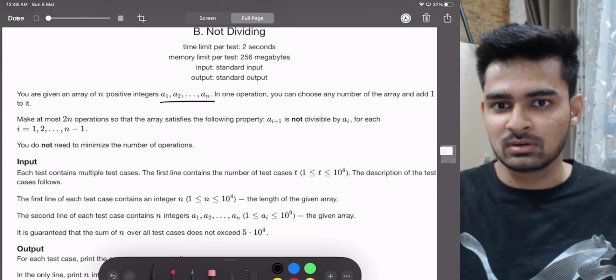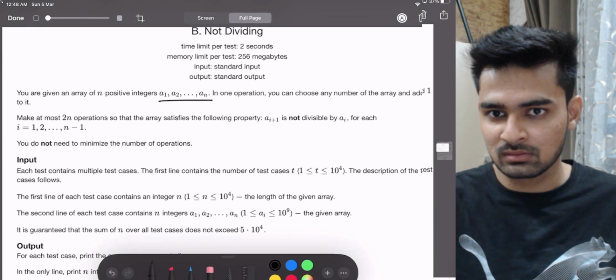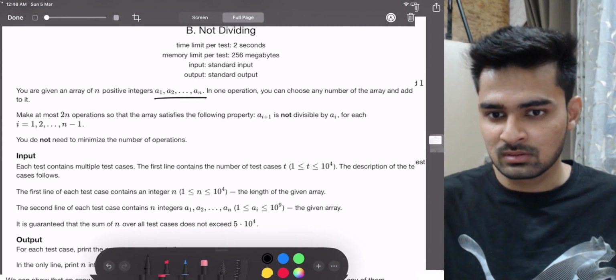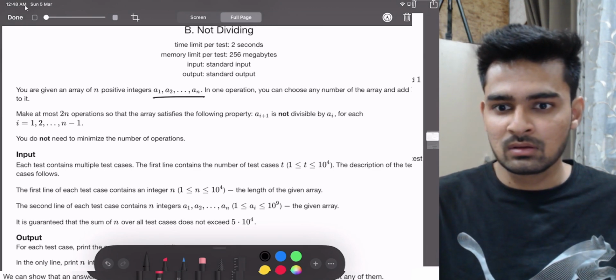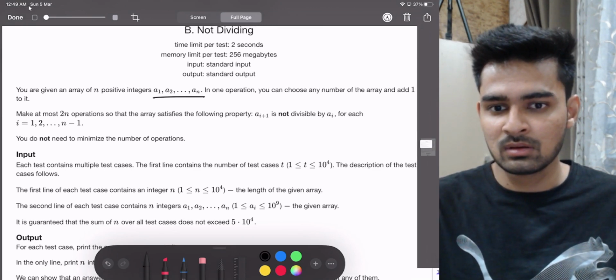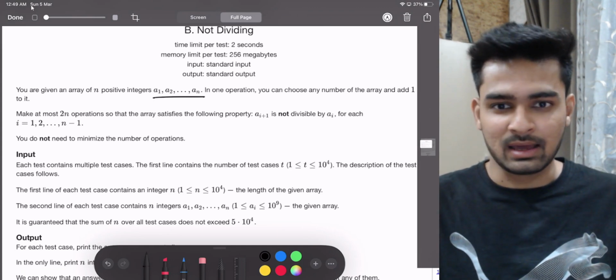I shouldn't have done this right now, but anyways, just give me 1 second. All right, so now I think there won't be any lag.